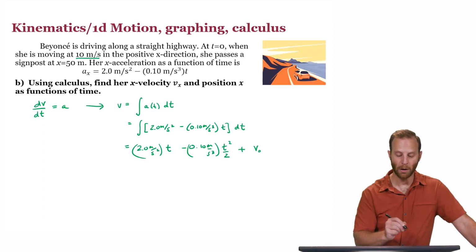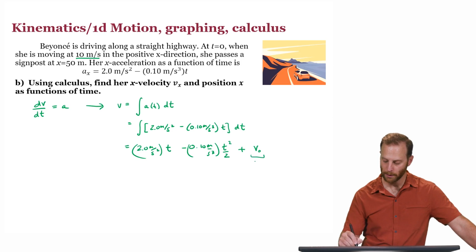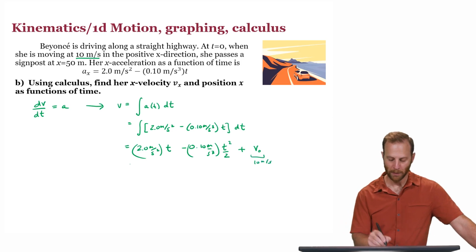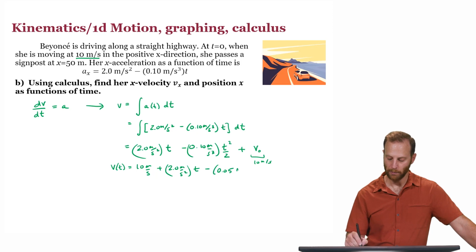We're told that v naught is 10 meters per second. And so when I clean this up, the velocity as a function of time can be written as 10 meters per second plus 2.0 meters per second squared t minus 0.05 meters per second cubed t squared. That would be our answer.